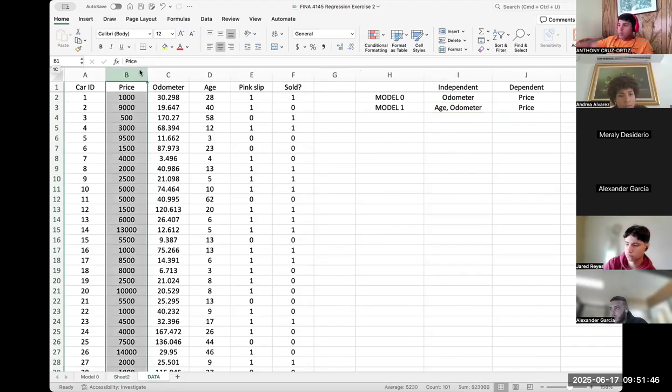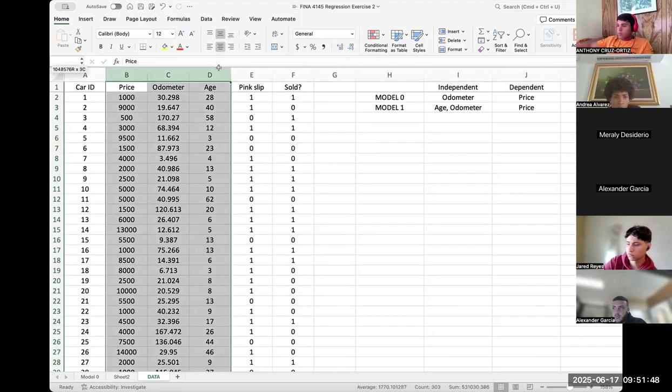This time you're going to highlight these three and do the same thing: Tools, Data Analysis, Regression. Let's see if you can do it without me, because we talked about age being influential in the price. Let's include it with odometer.